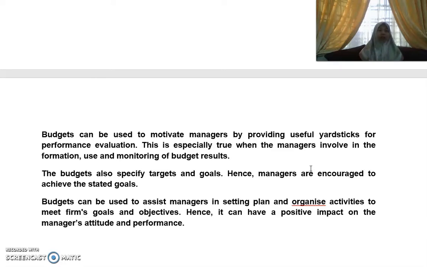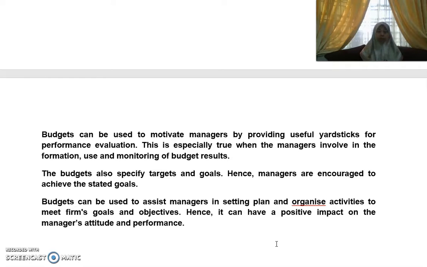Budgets also specify the targets and goals, so managers are encouraged to achieve the goals that they were involved in setting when they prepared the budget. In addition, budgets can assist managers in setting plans and organizing activities to meet the firm's goals and objectives. It can also have a positive influence on the manager's attitude and performance.